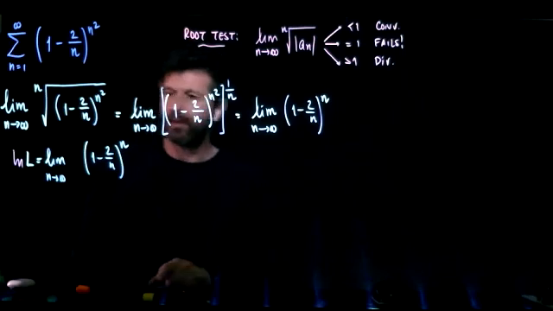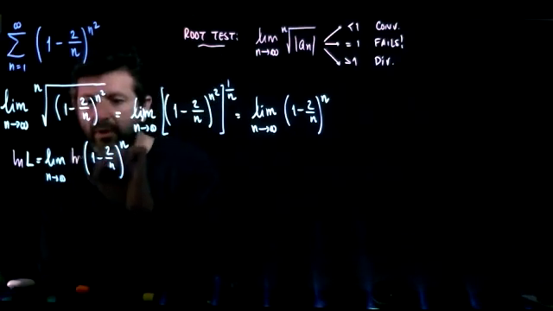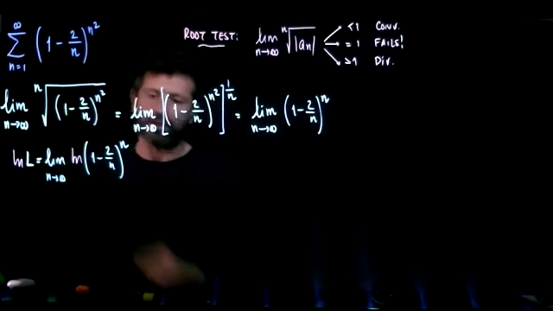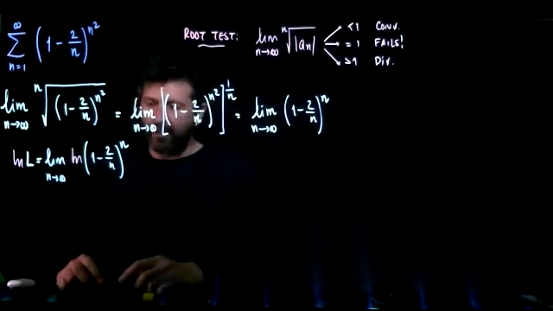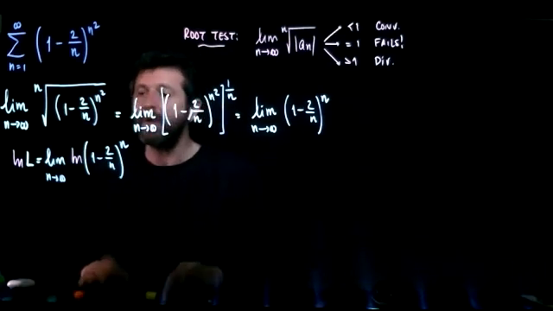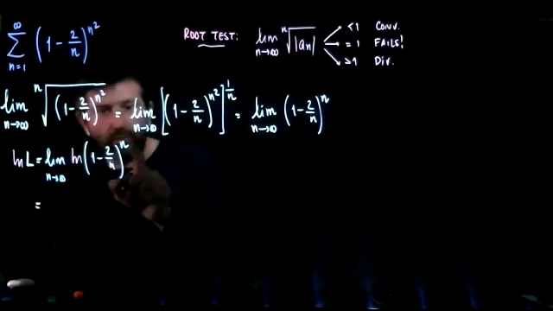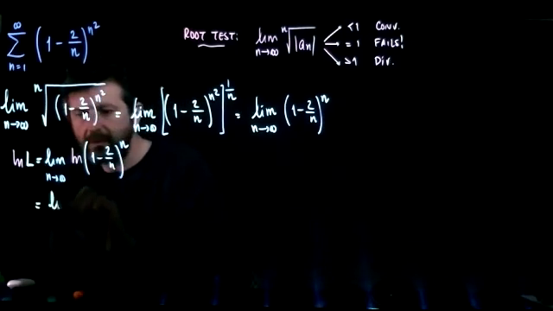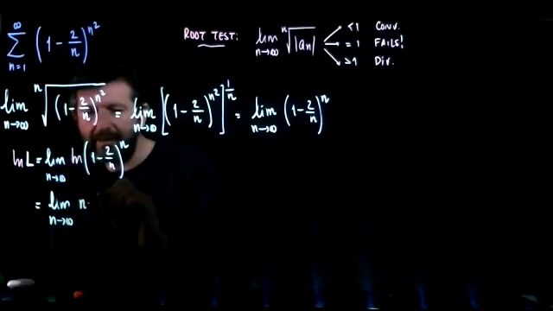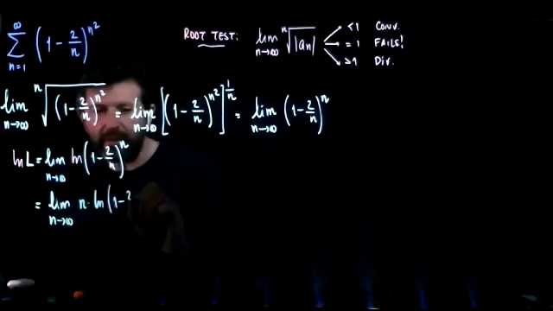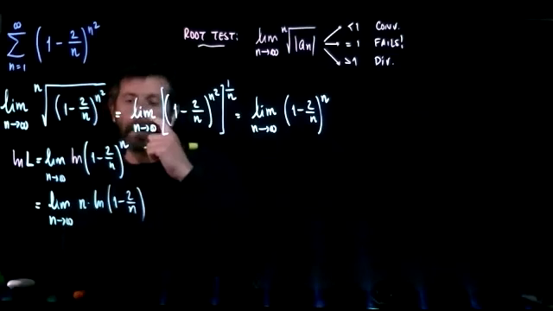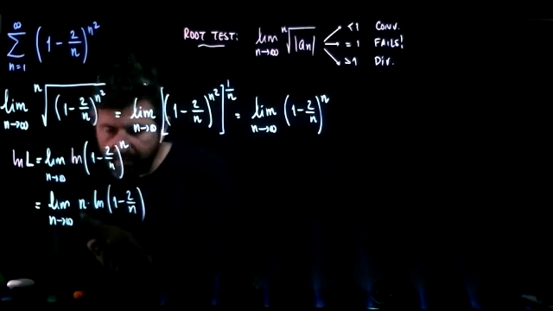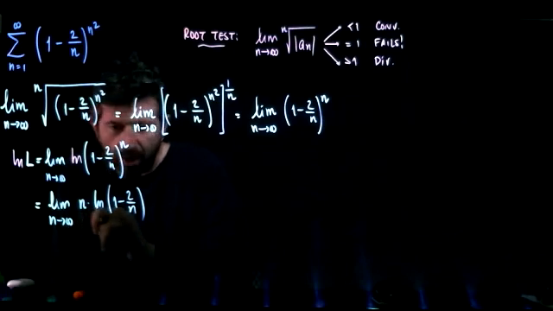Okay, and then of course I have to put ln on each side, on the left and on the right. That allows me to bring down the n. So the limit as n approaches infinity of n times ln of 1 minus 2 over n. And now if I plug in infinity here, I have infinity times ln of 1, which is 0.